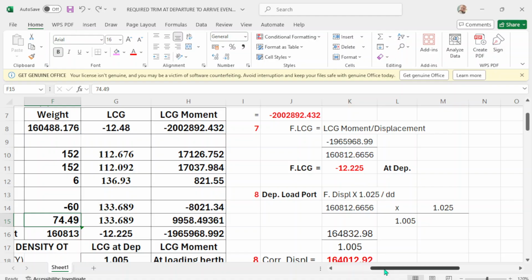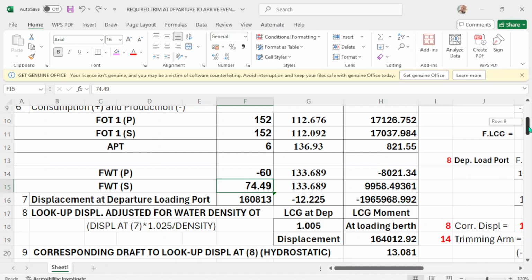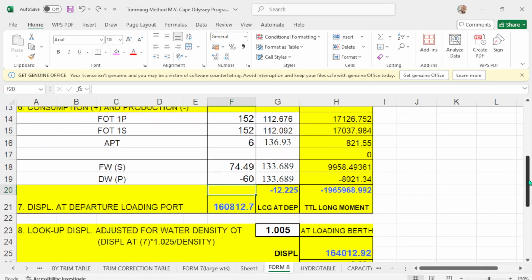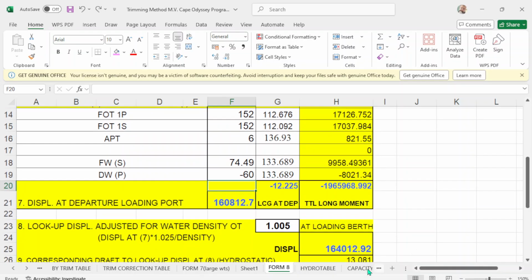Then we go to number 8. What is your displacement at loading berth? The local density in New Orleans is 1.005.